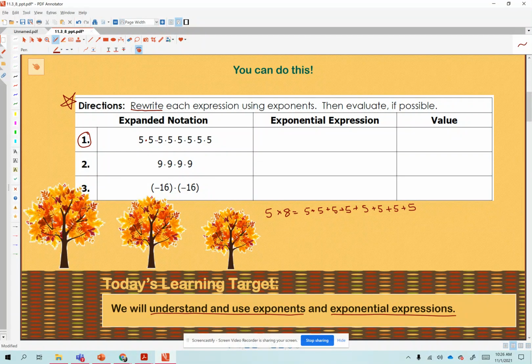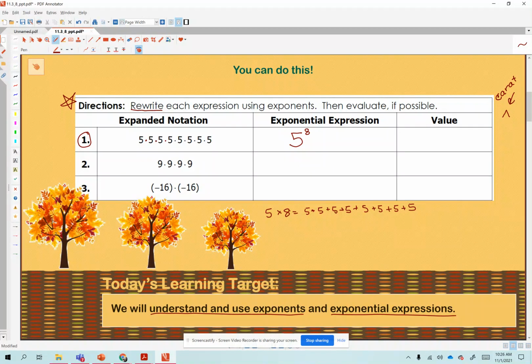Here we have repeated multiplication. So we express that as an exponential expression with a base of 5 and an exponent of 8. Now, we can evaluate by using a calculator and putting in 5 times 5 times 5 times 5, 8 times, or we can learn the function for an exponent, which on most calculators is this little caret sign.